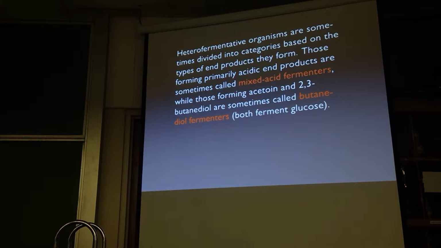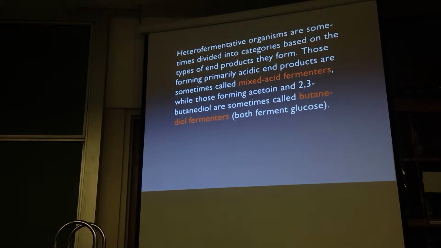To me, this is confusing because what they're fermenting is glucose. They're glucose fermenters. They're mixed acid producers, or they're butanediol producers. That's not what they're fermenting. But in industrial microbiology, they're more interested in the massive amounts of end product that the organisms are producing. So their terminology is a little bit confusing.